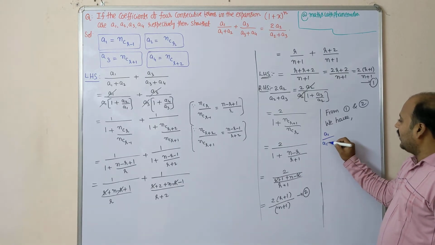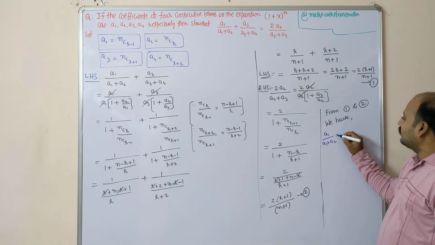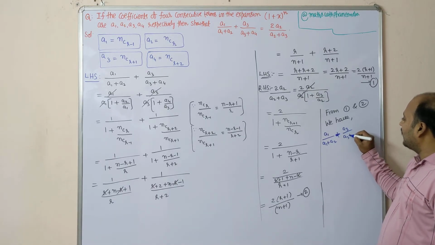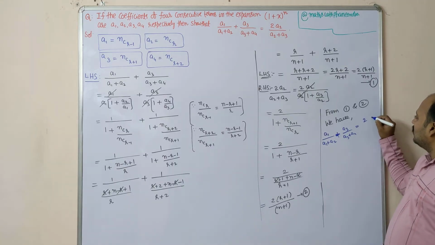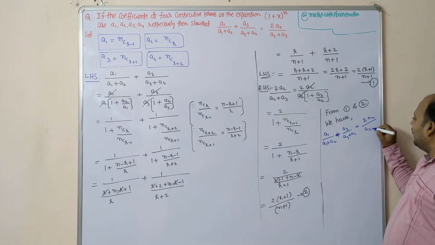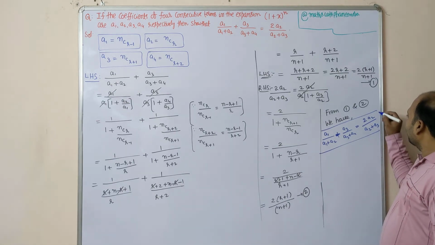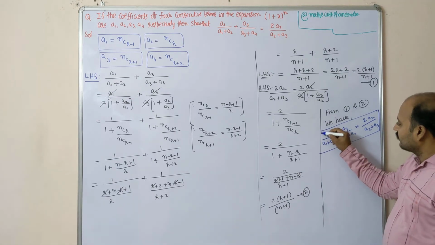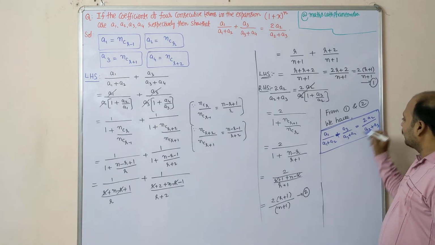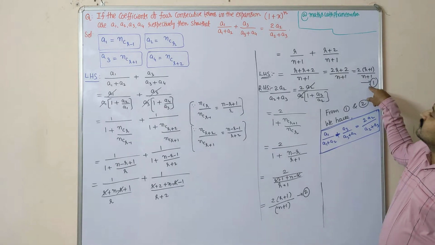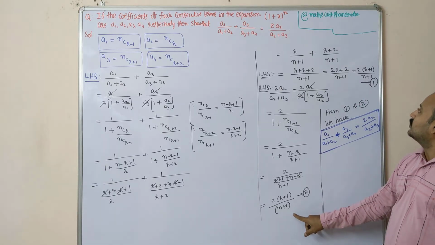a1 by a1 plus a2 plus a3 by a3 plus a4 is equal to 2 times of a2 by a2 plus a3. So, from equation 1 and from equation 2.